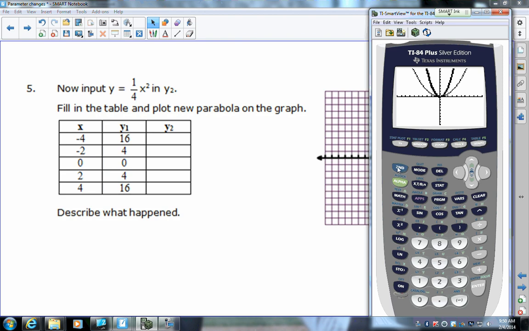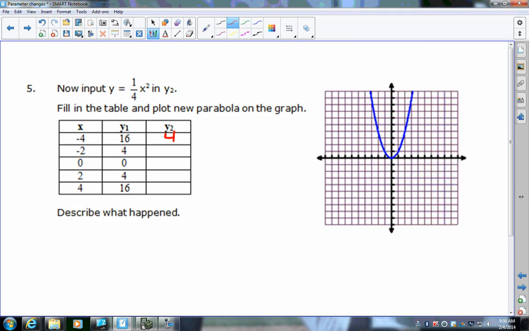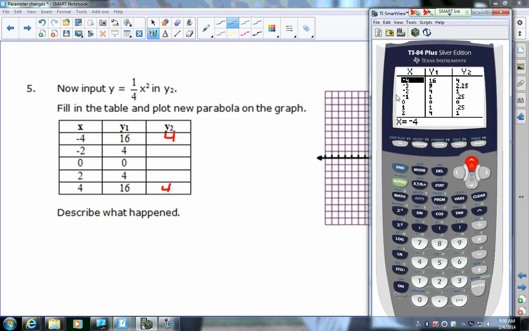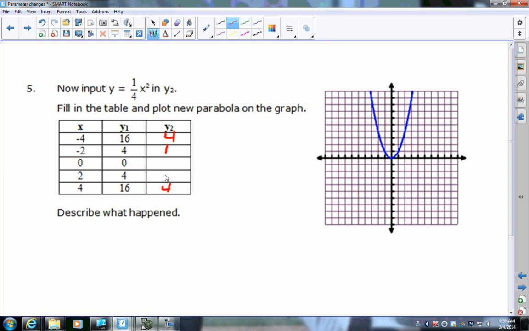So when I go into my table, let's fill in my table. It says I need a -4. So it's -4 and 4. And then my 2's are what? 2, -2, 1. And 2, 1. And then 0, 0 still. That vertex is still the same.